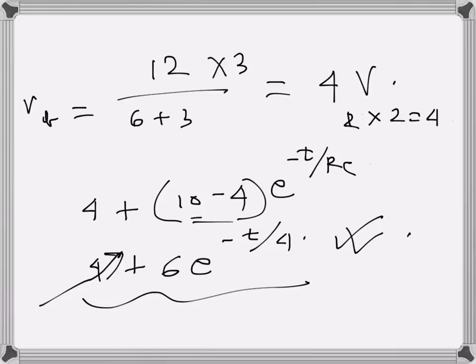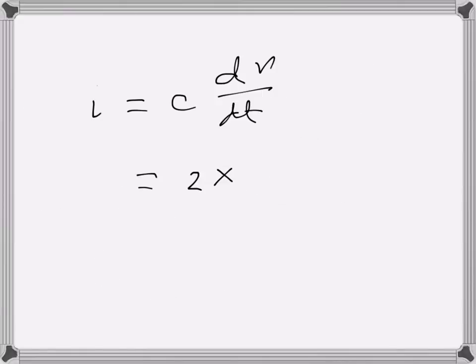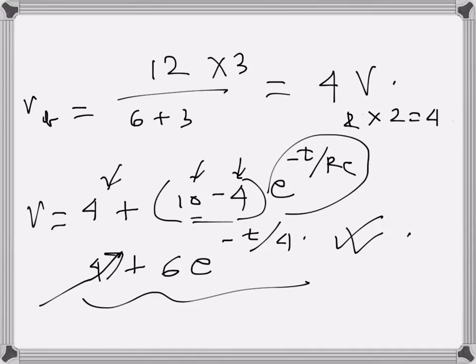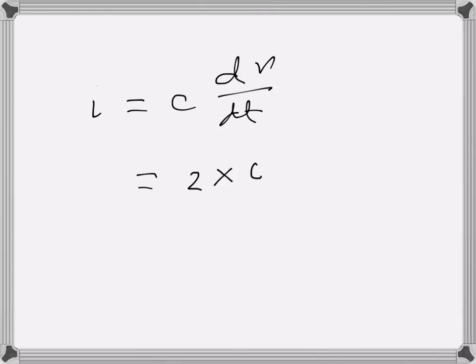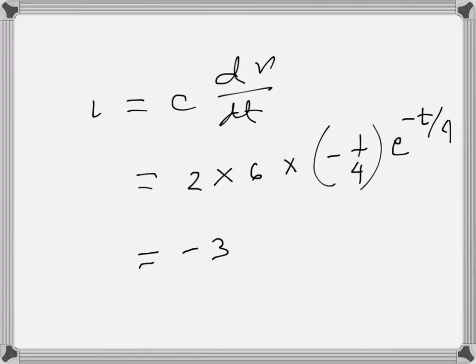This is the total voltage: final plus initial minus final, multiplied by the exponential term. So when we differentiate, it will be 6 times minus 1/4 e to the power minus t over 4, and with C equal to 2, that becomes minus 3 e to the power minus t over 4 amps. So that is the current.